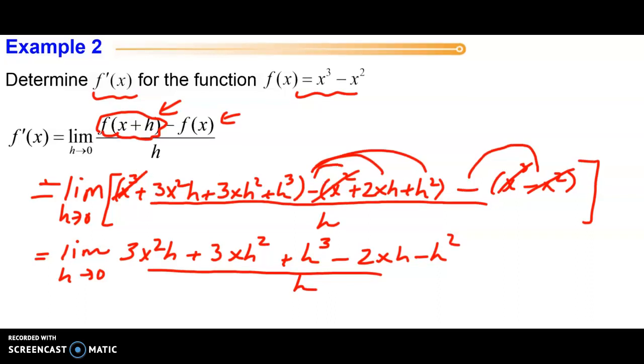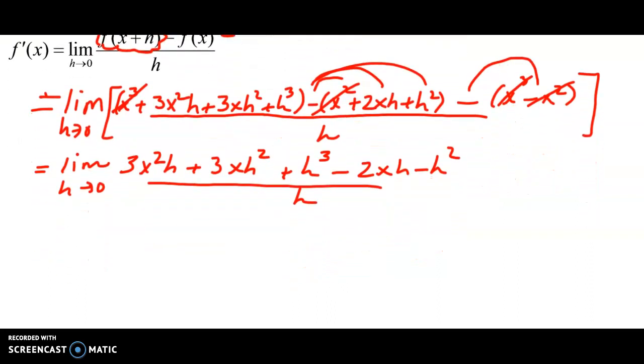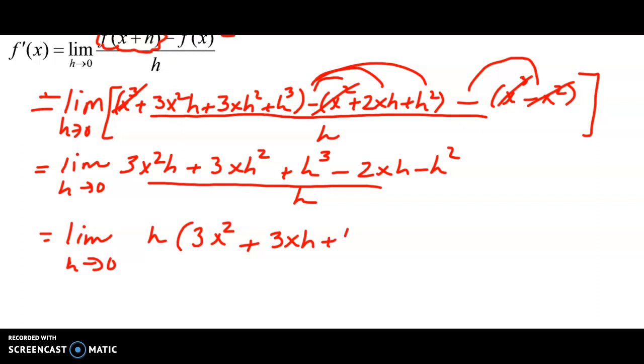Then you'll notice that the numerator entails h in all the terms, so I can take a GCF out. If I take an h out, I have 3x squared, 3xh, h squared, minus 2x and a minus h all over h.